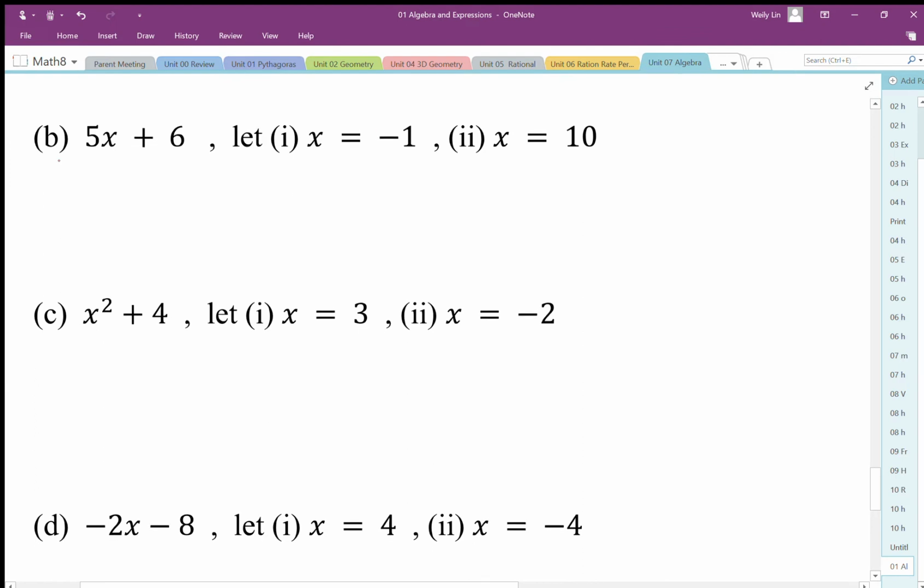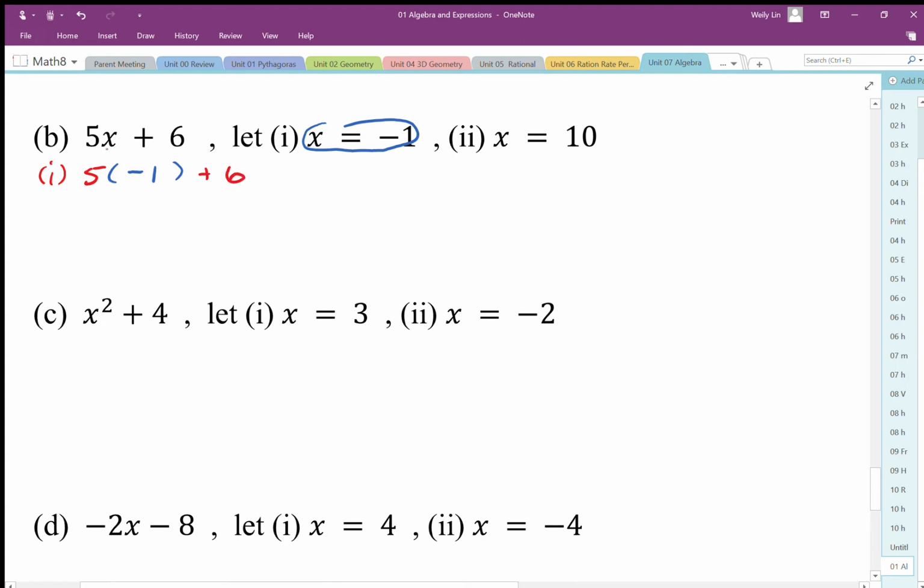So we'll do the same thing here. We have a different expression this time. So 5x, I'll model x in blue here. So we're going to use negative 1, and then plus 6 is part of the original expression.